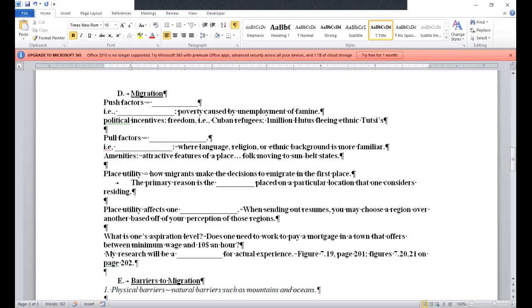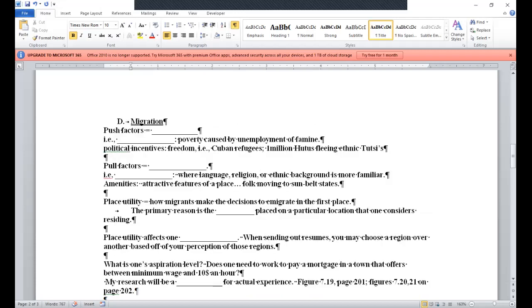Place utility. Place utility speaks of where one is affected by perception, right? You guys experience this right now, probably some of you, or you will when you're sending out resumes, right? You may choose one region over another based off of your perception of those regions.